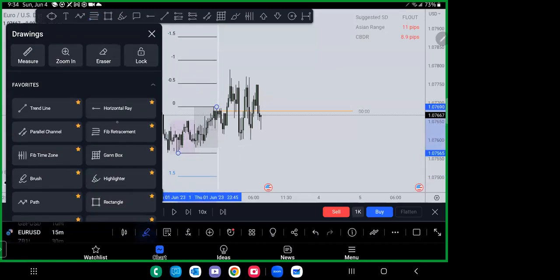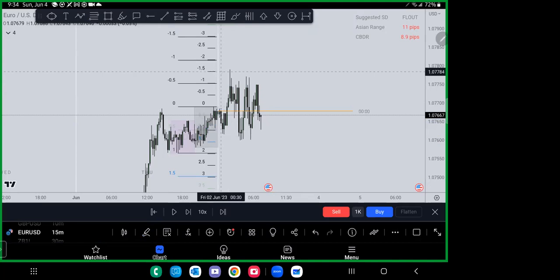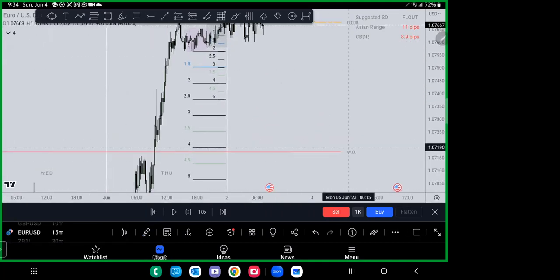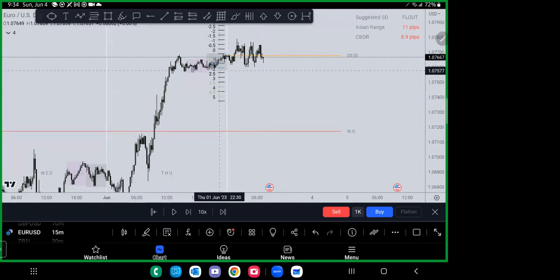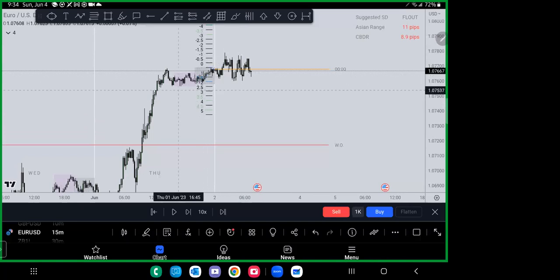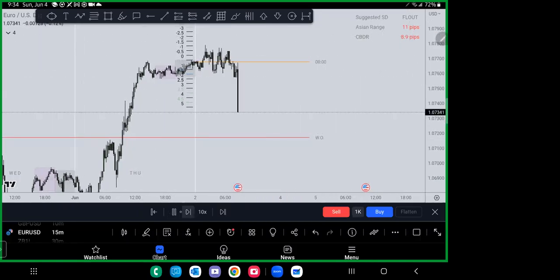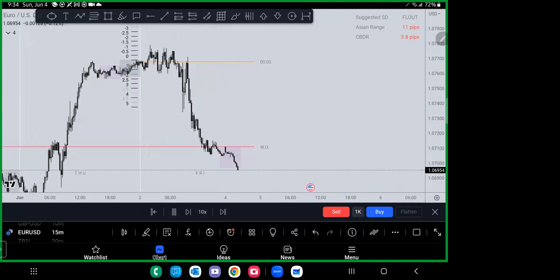All right, let's take the 50%. You can see the high comes in at 1.5 standard deviations. And you're not going to get a lot out of that. So we would just cancel that out, because both of those ranges are too small. And it's Friday and NFP, and then price just drops off.